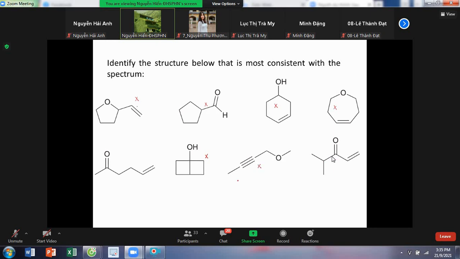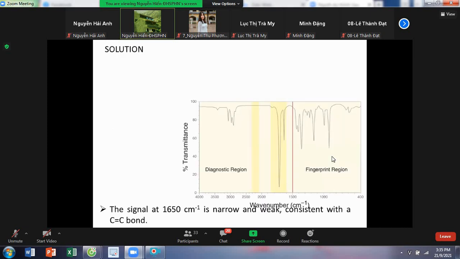Triple bond we don't have. So we have two potential candidates in this case, and they both have signals for C=O and C=C double bonds. And now we go further to decide which one corresponds to the spectrum.